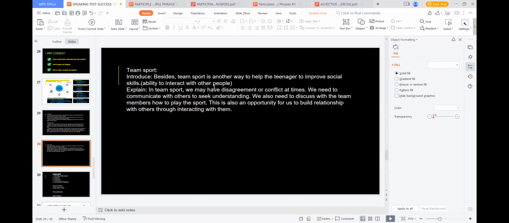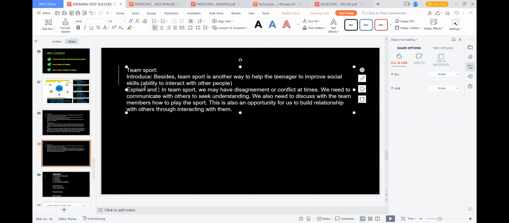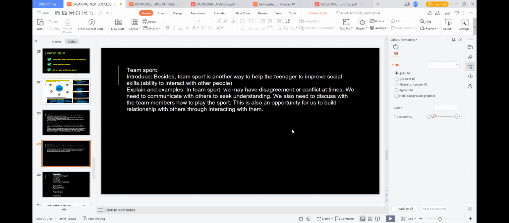Yes. Okay, all right. So IEES: the explanation and example are all included already. So can you say this point? Besides, team sport is another way to help teenagers improve social skills.